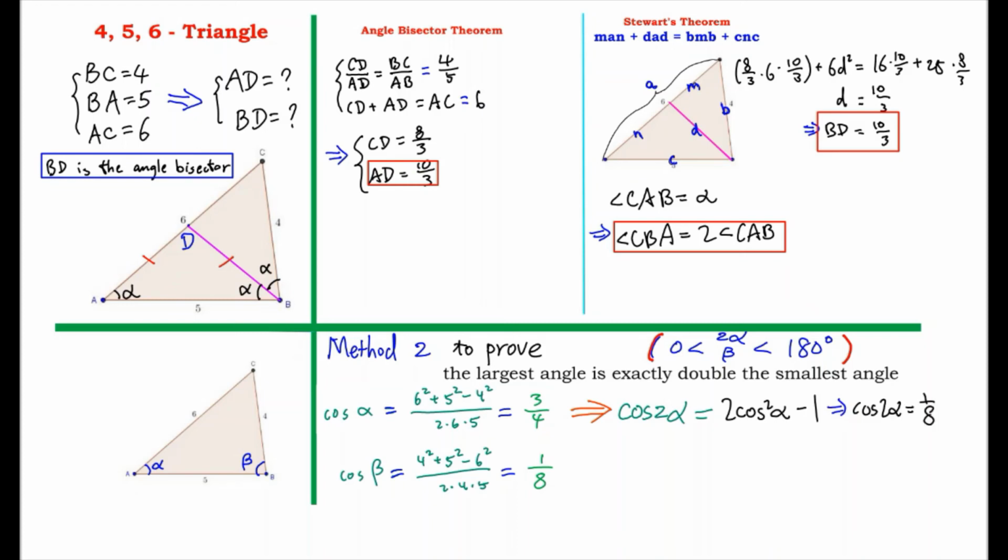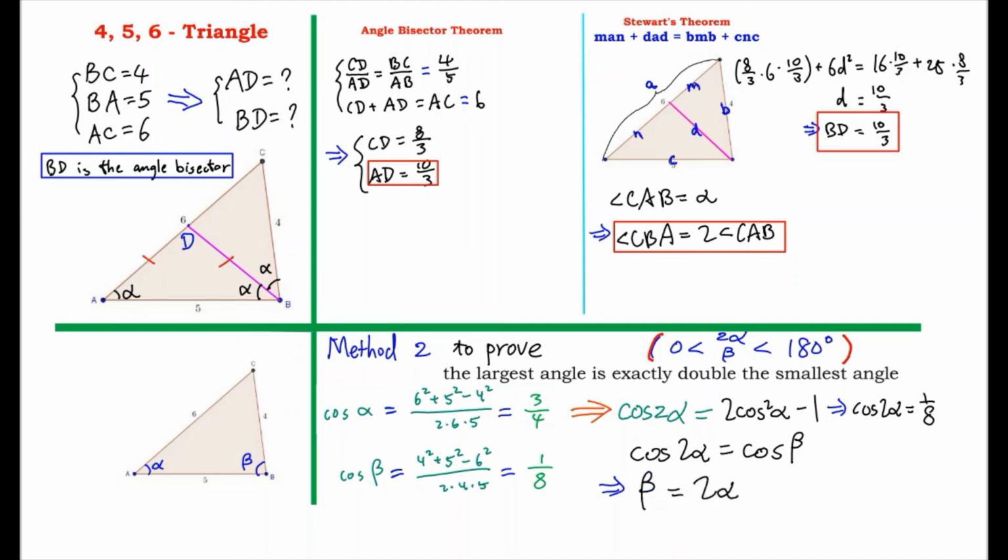Oh, would you look at that? Cosine of 2 alpha equals cosine beta. So using this information, we can find out that beta equals 2 alpha. Now, why is that?